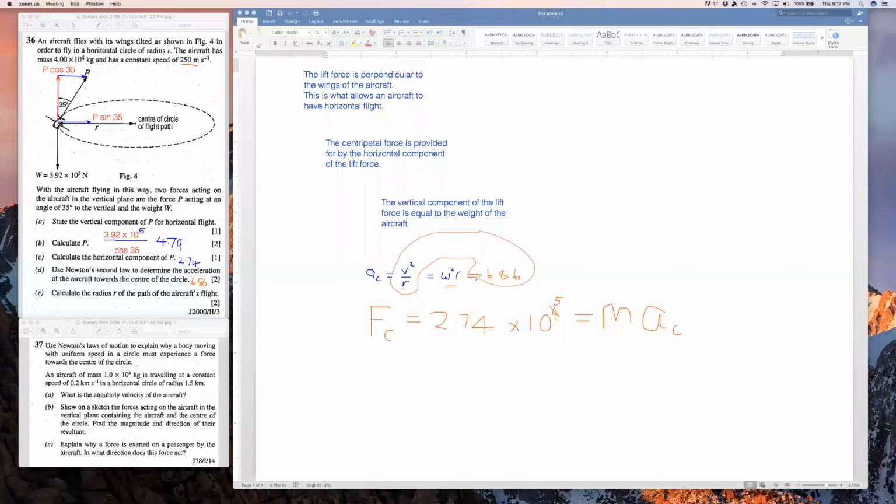We've got v right there. So r would be equal to 250 squared over 6.86. That gives us a value of 9.11 kilometers.